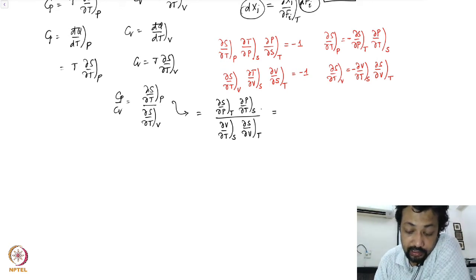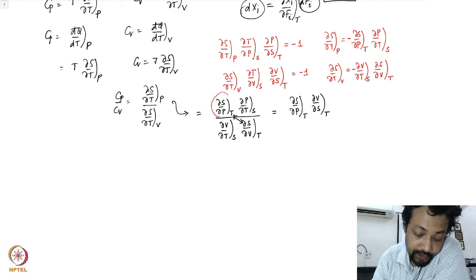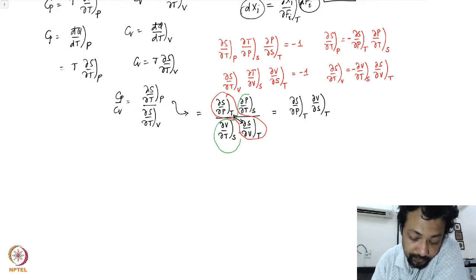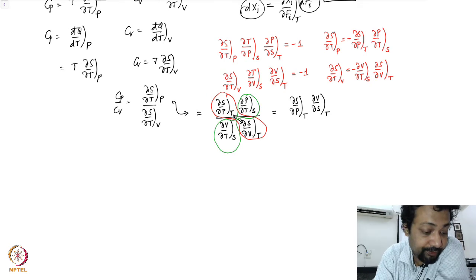So let us collect terms with the fixed quantities. (∂S/∂P) at constant temperature and (∂V/∂S) at constant temperature can be grouped together because they have the temperature fixed in both cases, and similarly these two can be grouped together because they have the entropy fixed.